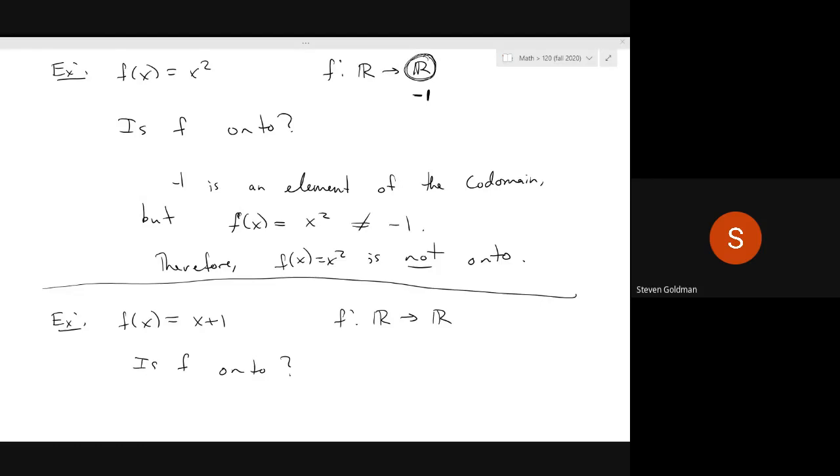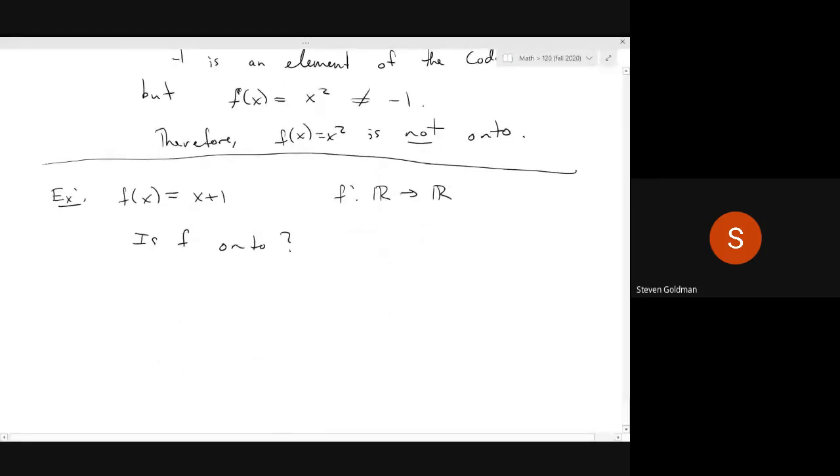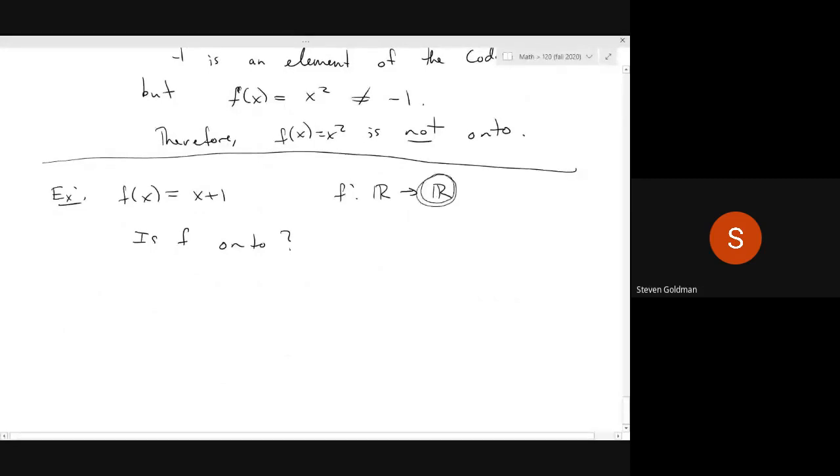Yes, that's correct. This one is onto. Take any real number, any number from the codomain. What element do I have to plug in from my domain to get that number? Just plug in the number that's one less, right?